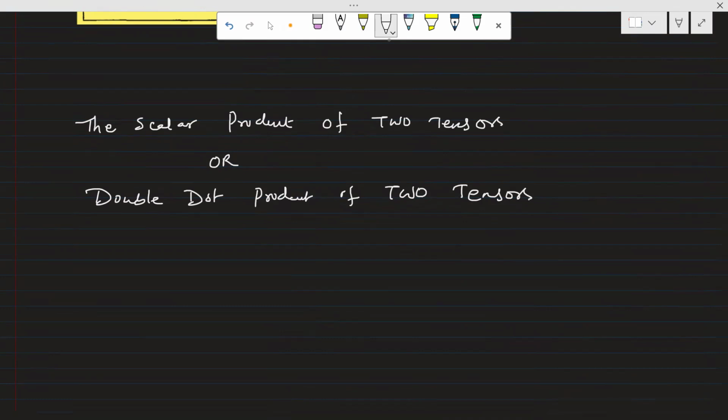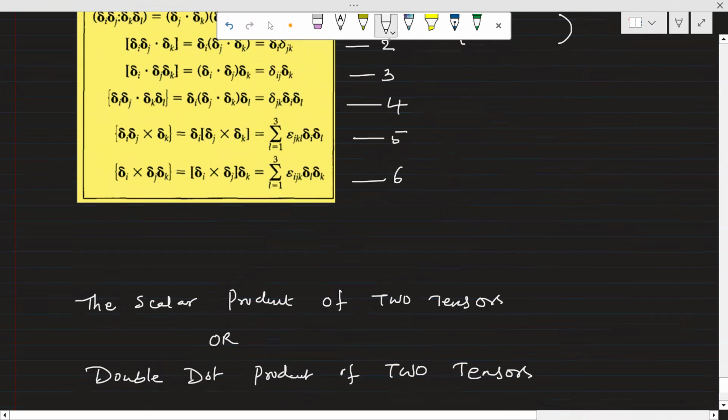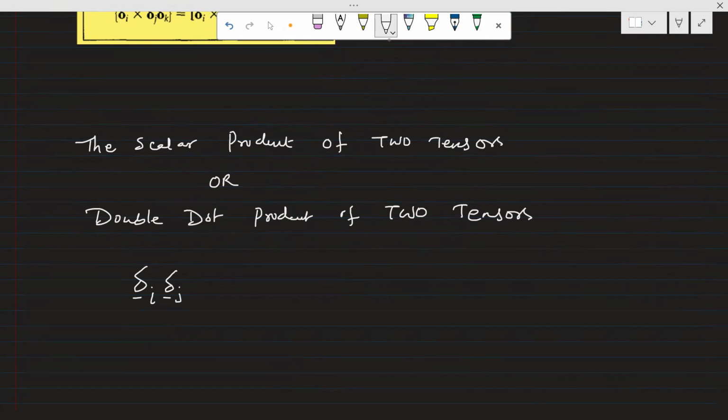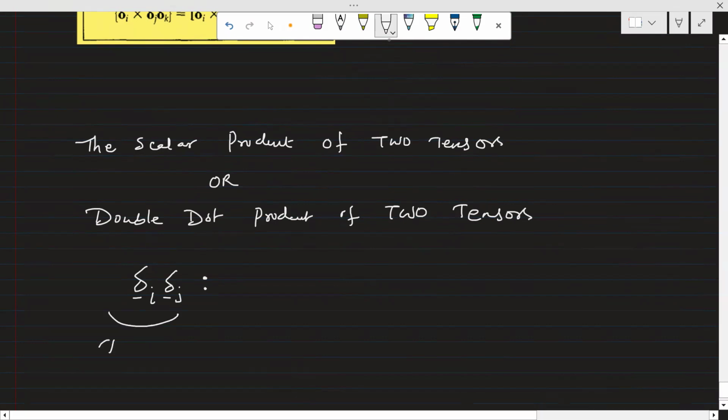So that means if I write this way, what is the first form? First one, I say delta i, delta j. These two are put together. This is one tensor.